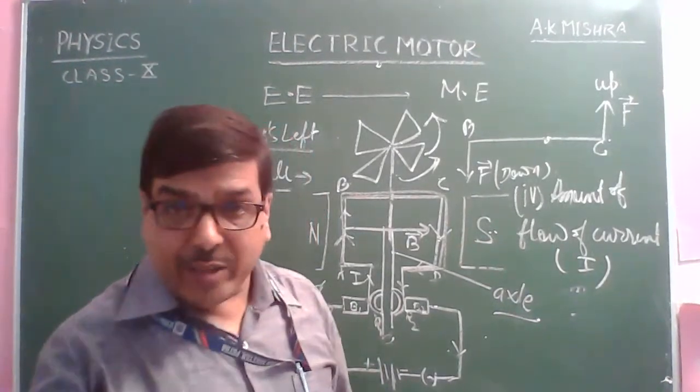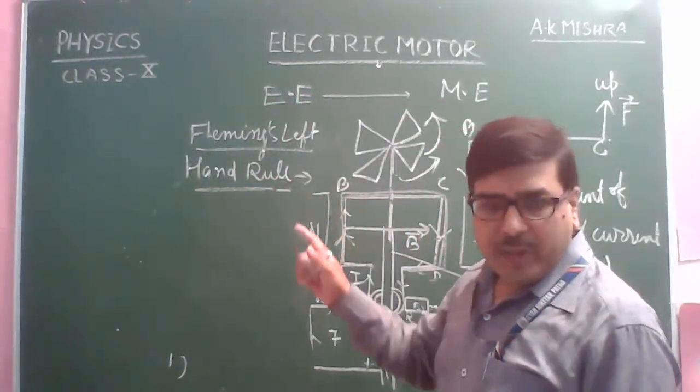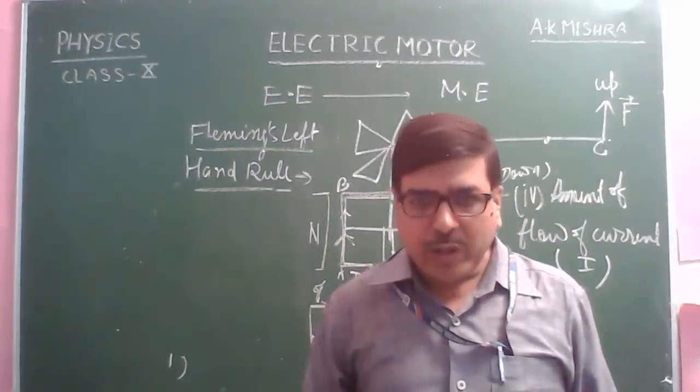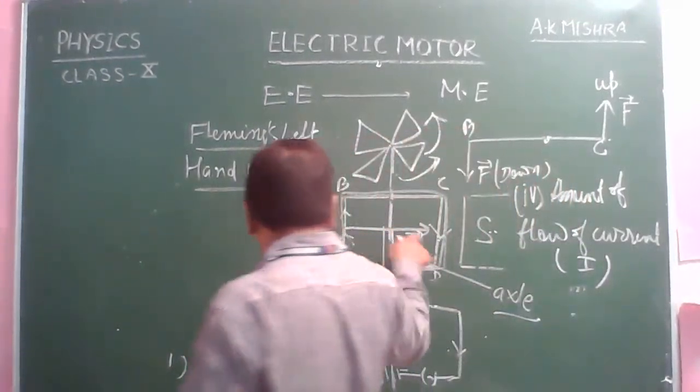In whichever direction the force acts, in that direction motion occurs. So it gives the direction of motion of the current carrying conductor placed in a magnetic field.